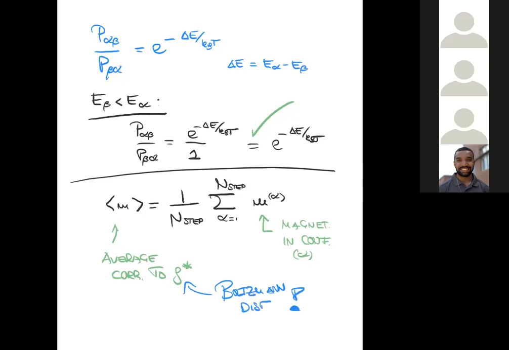So we know that this Metropolis algorithm does what we want it to do. It eventually just samples a Boltzmann distribution. So computing the average magnetization from a bunch of samples is ultimately the same thing as computing it from the partition function. So this Metropolis algorithm therefore samples the partition function, okay?